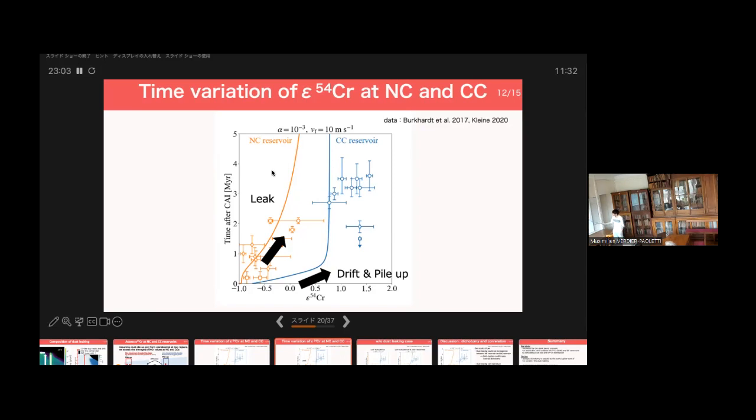So the CC reservoir does not acquire dust particles which have a high epsilon chromium value for several million years. So the epsilon chromium value is almost constant after 1 million years.